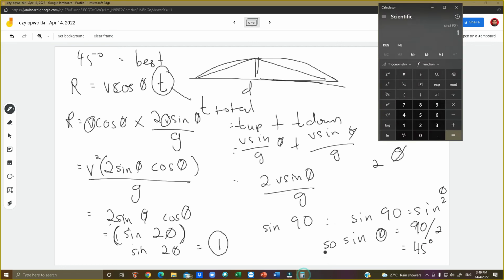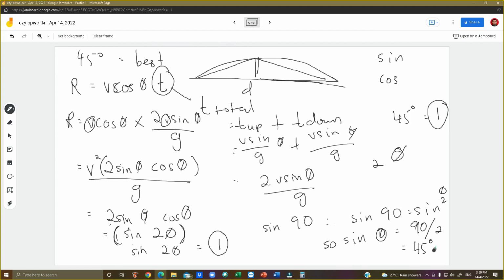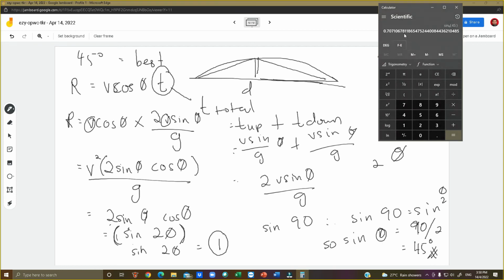Okay, now let's try 45, sin 45 degree. Ini value dia, 0.7 something. Okay, and this actually prove that 45 degree is the best angle based on value ni sin 90. Okay, this is sin 45.